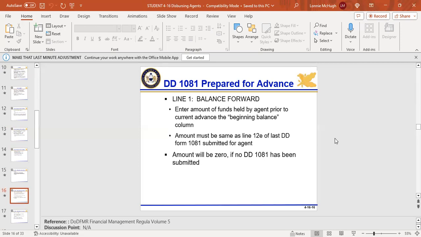If you had two transactions for $500 each where you received money, you would put $1,000 in line 2 US dollars, increase received by agent column. Everybody tracking on that? Yes, sir. Awesome.